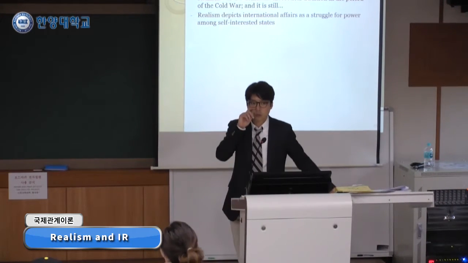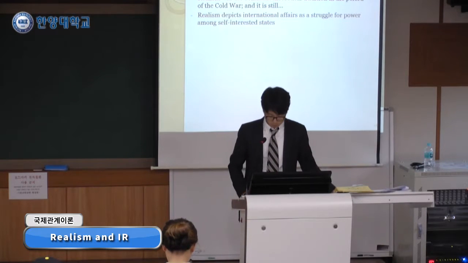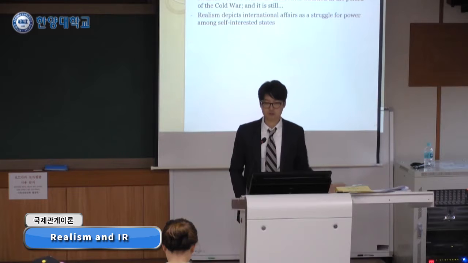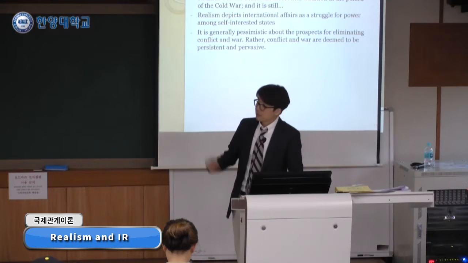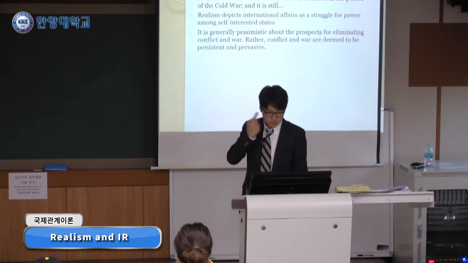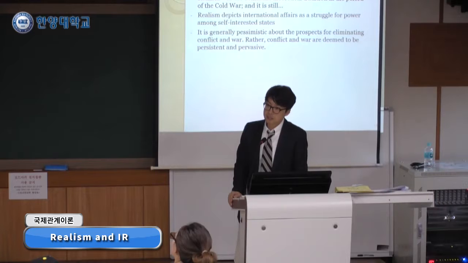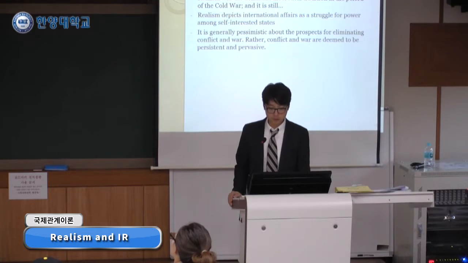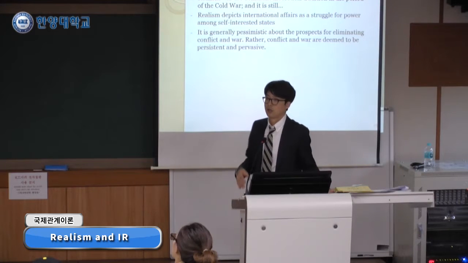The first question we thought about was, what are the key arguments of realism? Realism describes international affairs as a struggle for power among self-interested states, and that's the key punch from the realist perspective. Realism is generally pessimistic about the prospects for eliminating conflict and war.